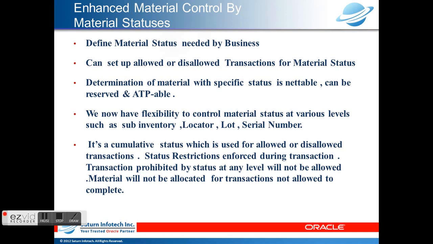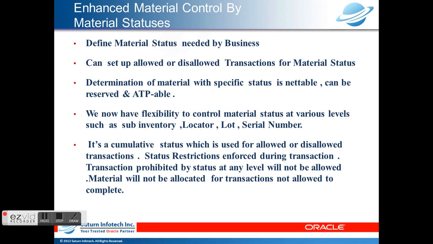What are the different material statuses a business can have? It depends on the business need. For example, they can have statuses like active, QA pending, ready for commercial use, ready for shipping. It really depends on the business need. These can be either seeded by Oracle, or user defined as per the business need.